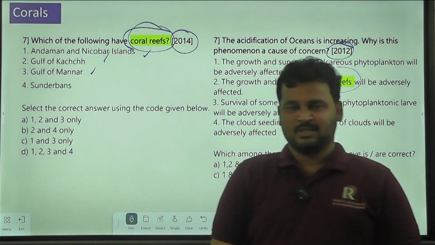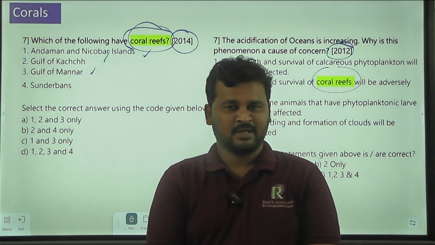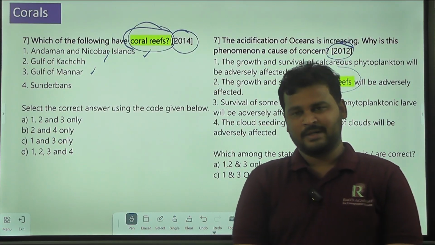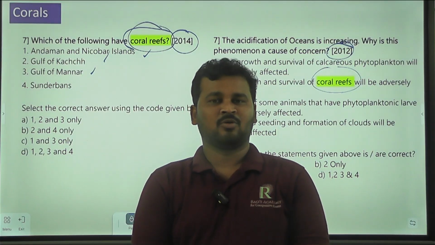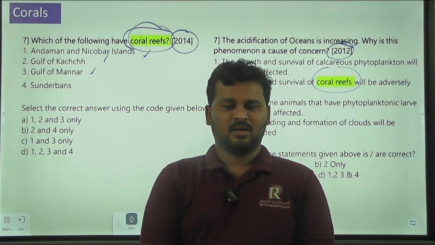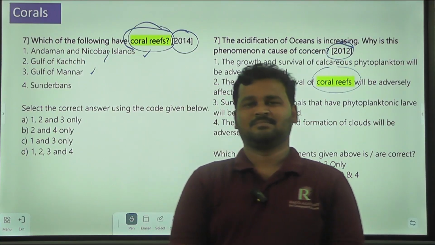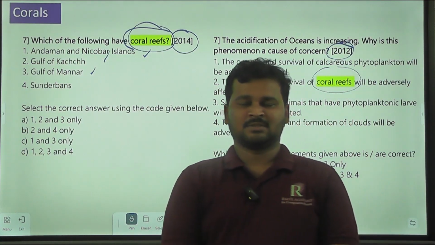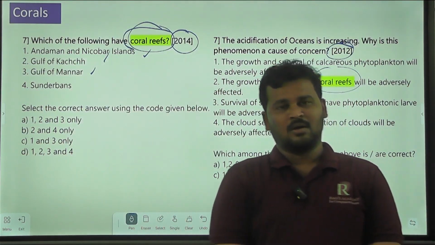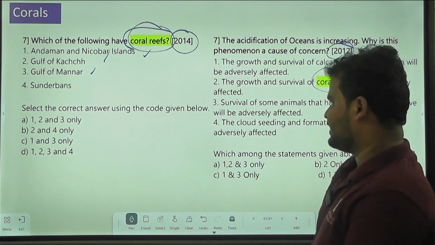And do you know that Lakshadweep, one of the union territories of India, was formed due to coral reefs? Completely, Lakshadweep is a coral reef. So that's why agriculture is not suitable in Lakshadweep Union Territory. Okay, that's the thing.